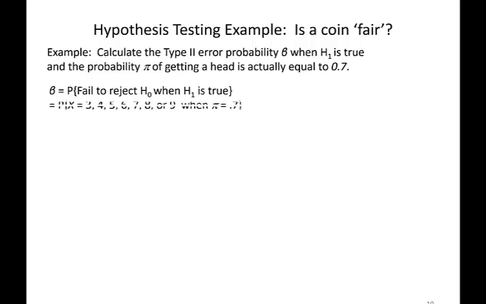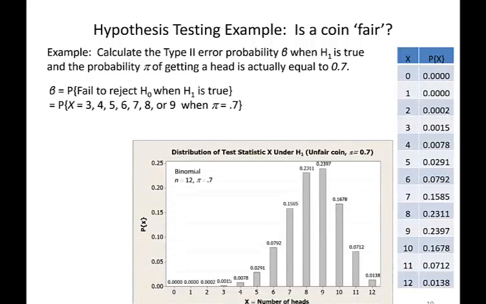So that means we want to know the probability that X is 3, 4, 5, 6, 7, 8, or 9 when pi is equal to 0.7. And this is just another binomial random variable, and this is what it looks like. And the non-rejection region is shown here.